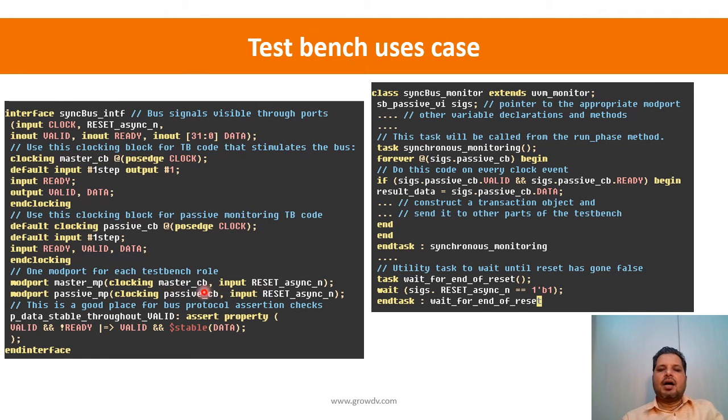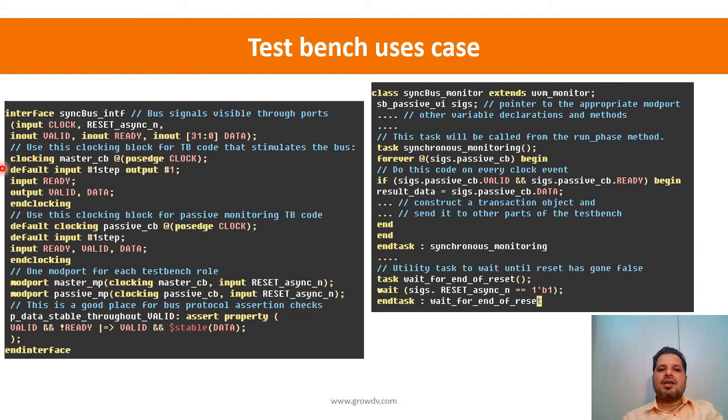Then for any asynchronous signals, we are passing them additionally, as input. Then we are declaring one more mod port called passive MP, and we are passing the passive CB clocking block, which is the default clocking block that we had declared over here. Again, we are additionally passing the asynchronous signal.